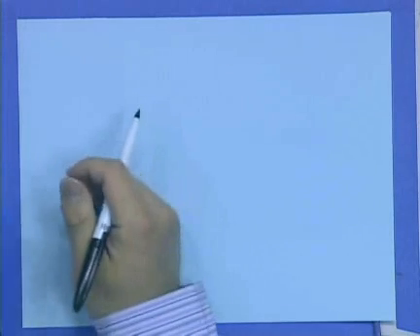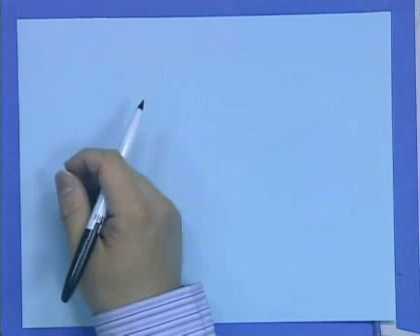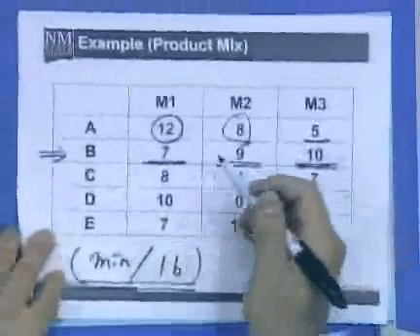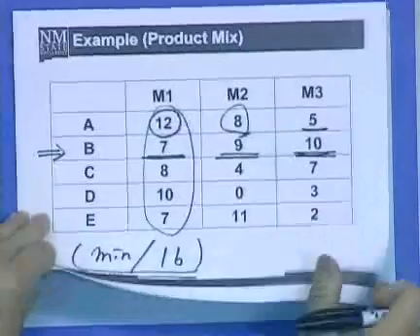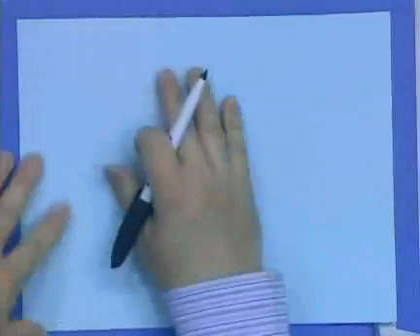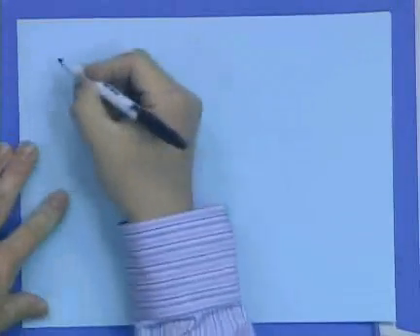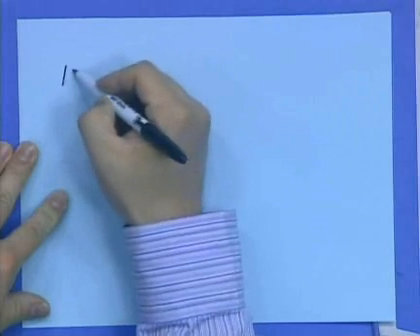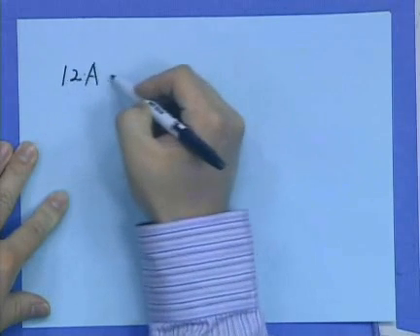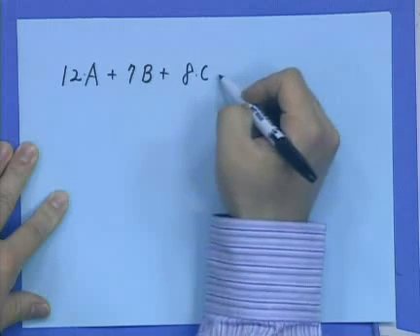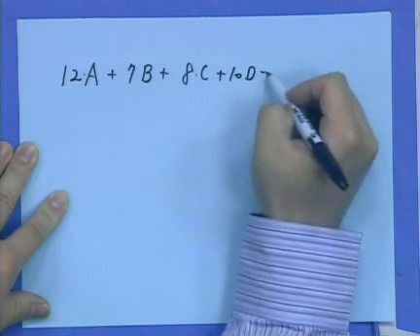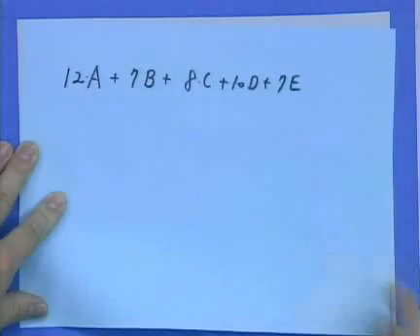So for machine number 1, using these values, the constraint would be 12 times A, 7 times B, 8 times C, 10 times D, and 7 times E.